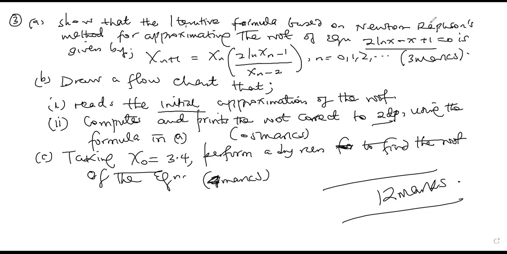And then you go. So we shall say solution for part A. We are given the function of xn. If xn can be established, first call it function of x as 2 ln x minus x plus 1.